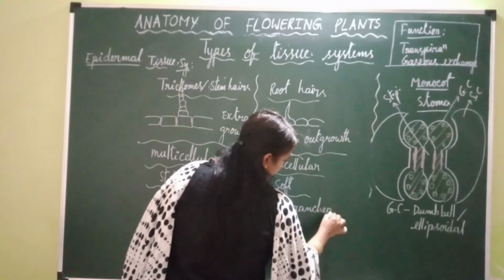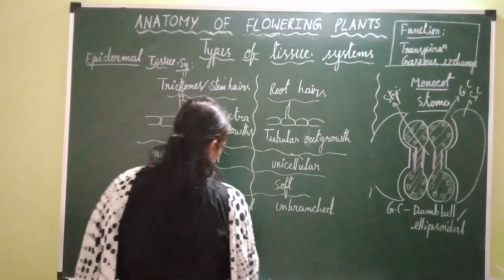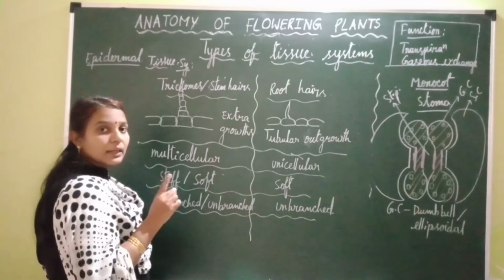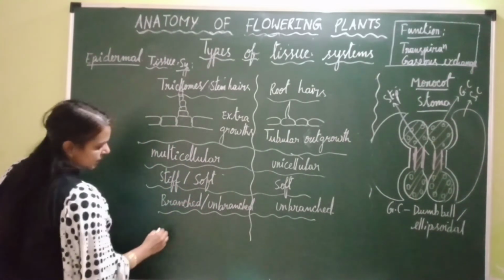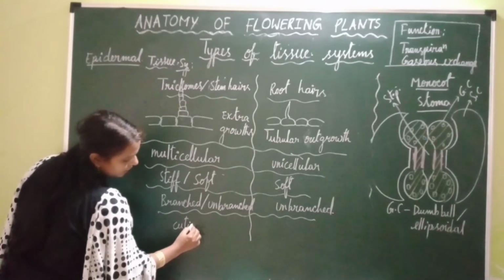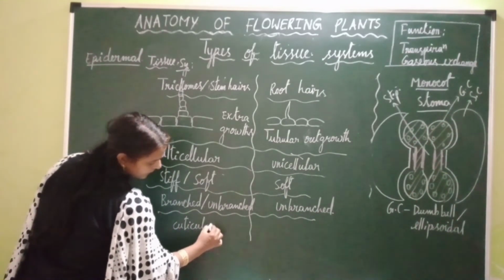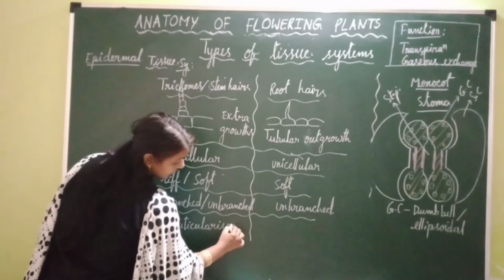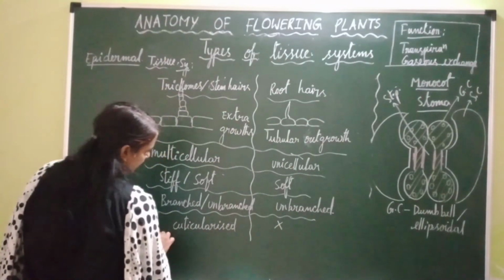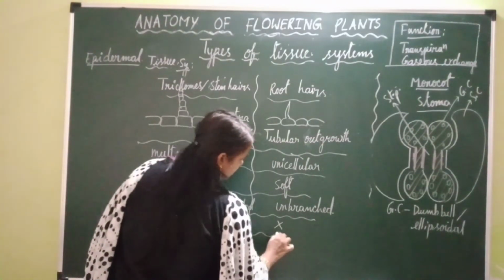And these trichomes are covered by cuticle, because trichomes are formed in the aerial parts of the plant, that is, in the epidermis of the stem. So trichomes are cuticularized, covered by cuticle, whereas root hairs are not covered by cuticle, so they are non-cuticularized.